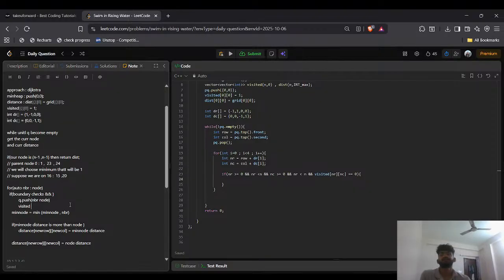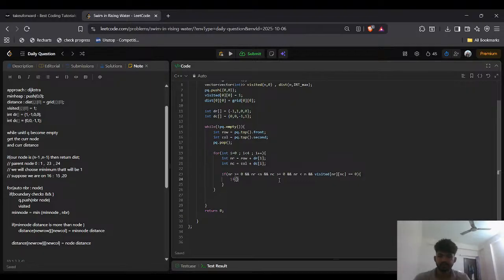We need to push the thing, whether it will be... I think first we need to check the distance.